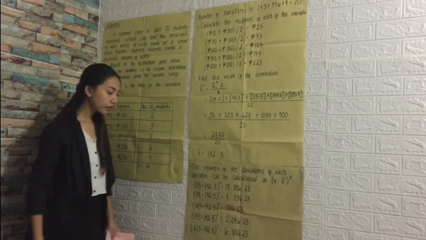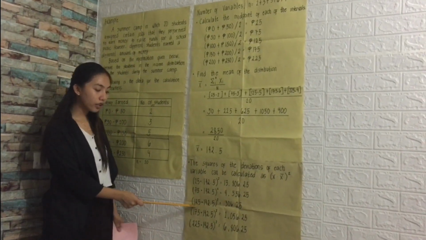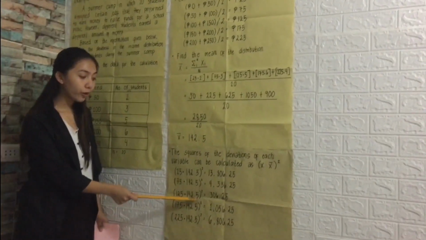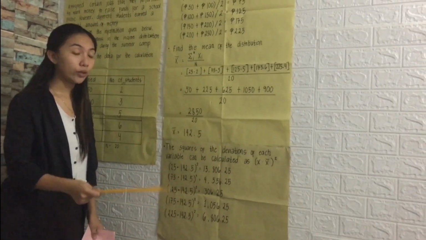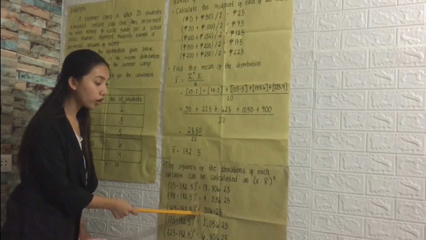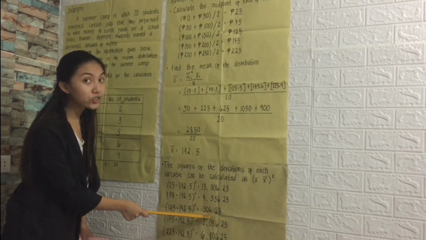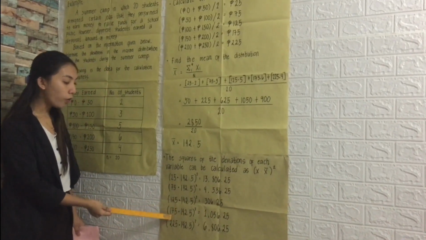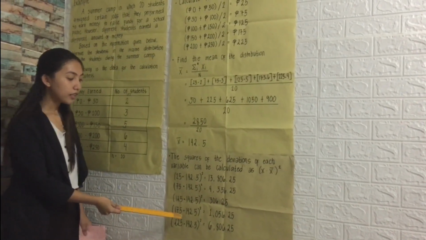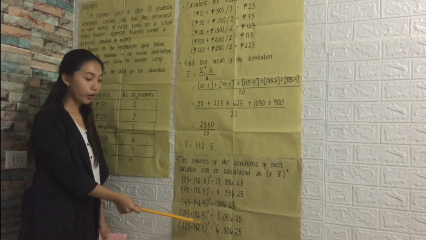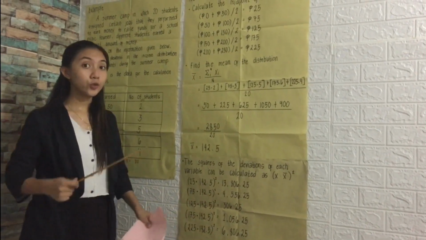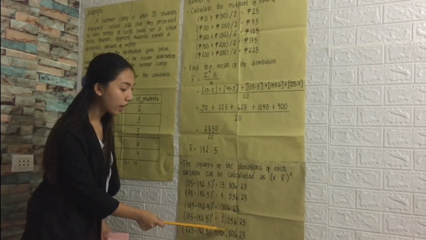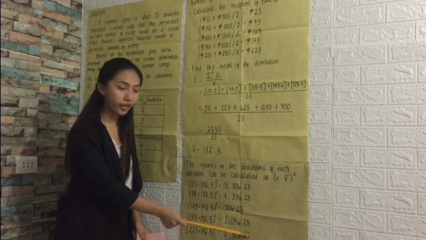Next is we have 75 minus 142.5, and we will square the result, which is equal to 4,556.25. And next, we have 125 minus 142.5, and the result we will square, which is equal to 306.25. And 175 minus 142.5, and we will square the result again, which is equal to 1056.25.